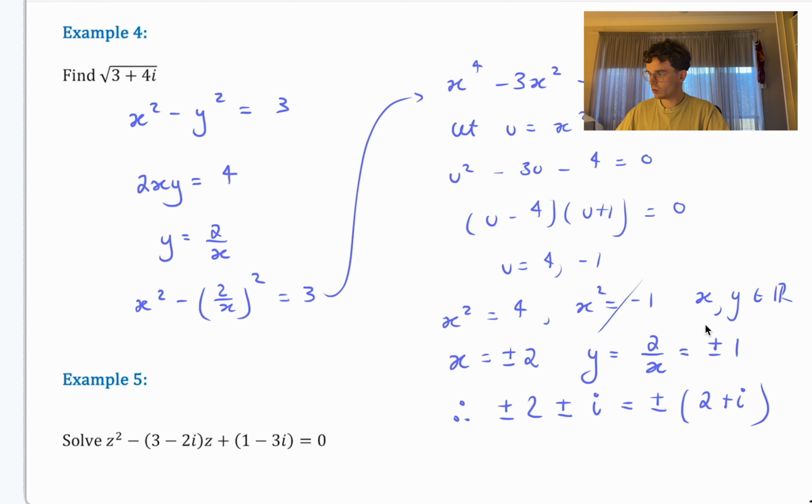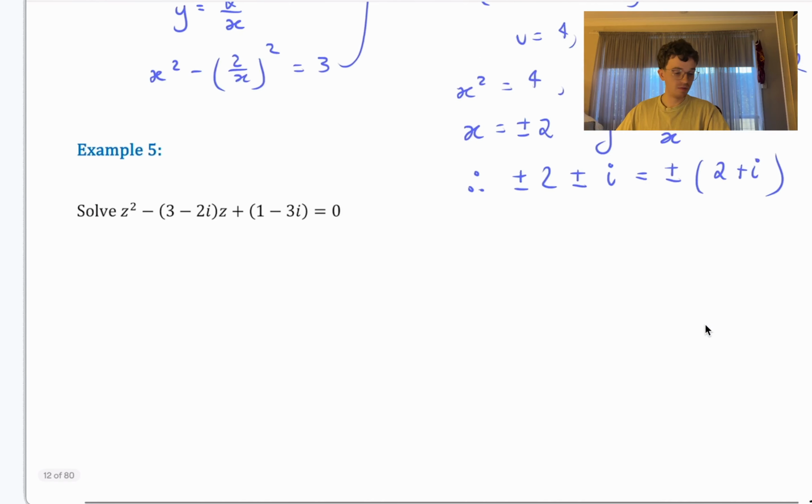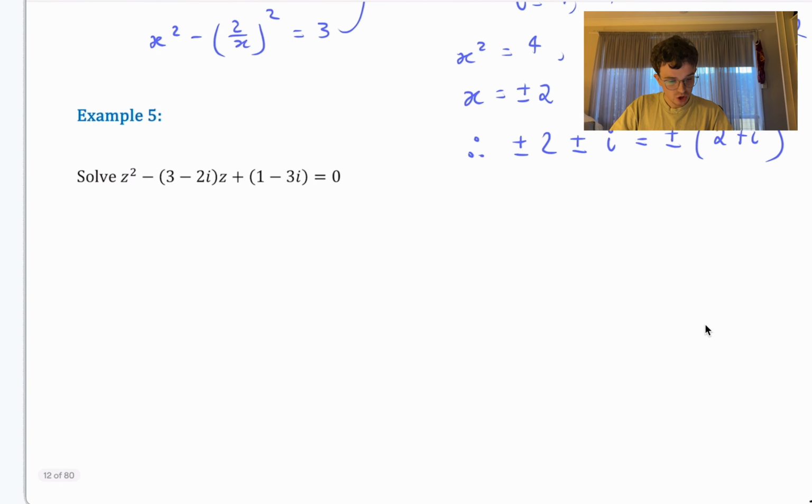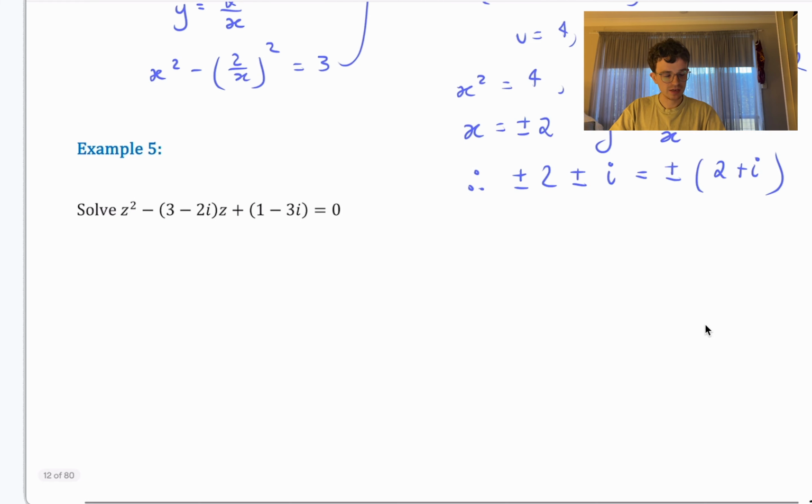I might do one more example and then I'm going to stop the video. So we can use this idea to solve equations involving complex numbers. And in fact for this one we're going to use the quadratic formula.